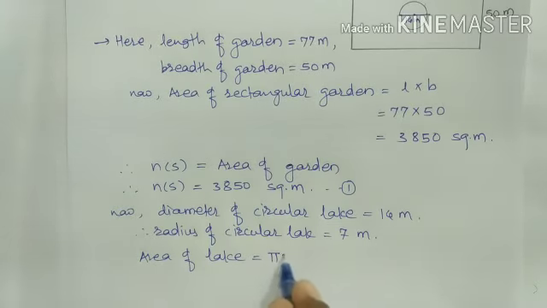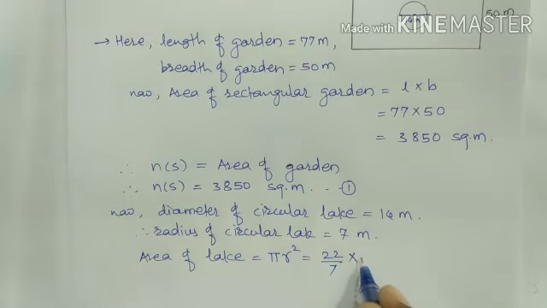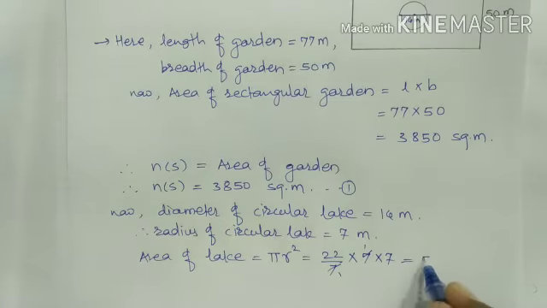So here we write pi r square equals 22 by 7 into radius 7 into 7. 7 on the 7, 7 on the 7, we get 154 square meter. This is the area of the lake.